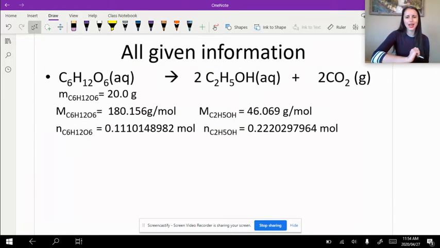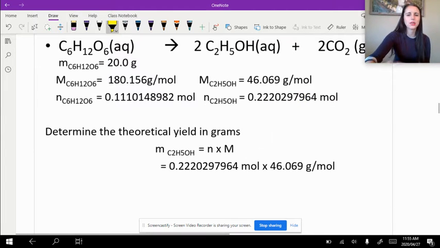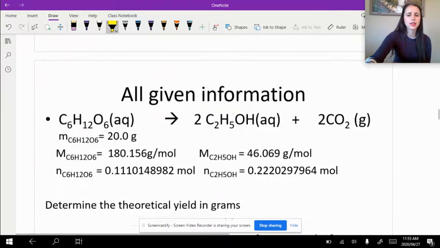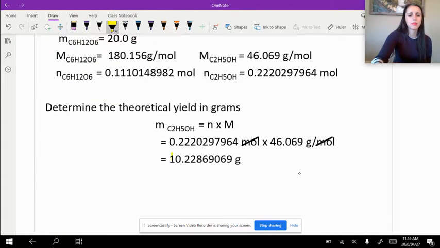In order to do that, I need 2 pieces of information. I need my number of moles of ethanol, which I have. I need my molar mass of ethanol, which I calculated at the beginning. So in order to figure out my mass of ethanol, I'm going to take my number of moles, multiply by my molar mass, and I'm going to get this number here.